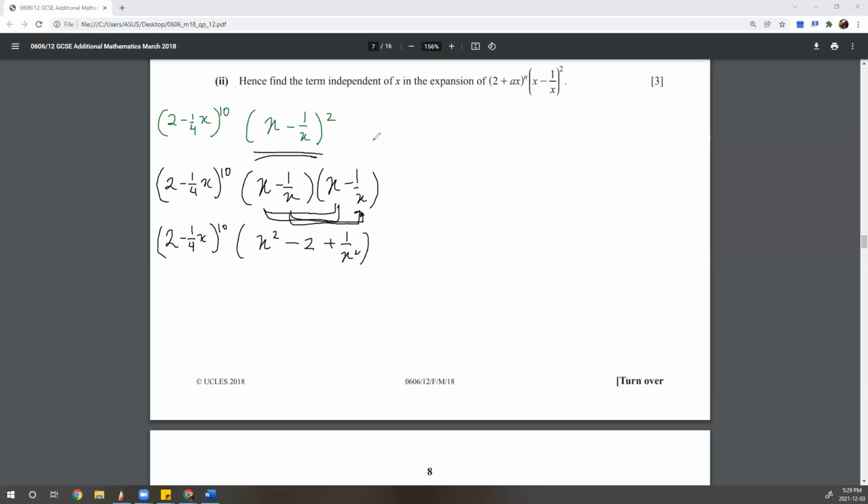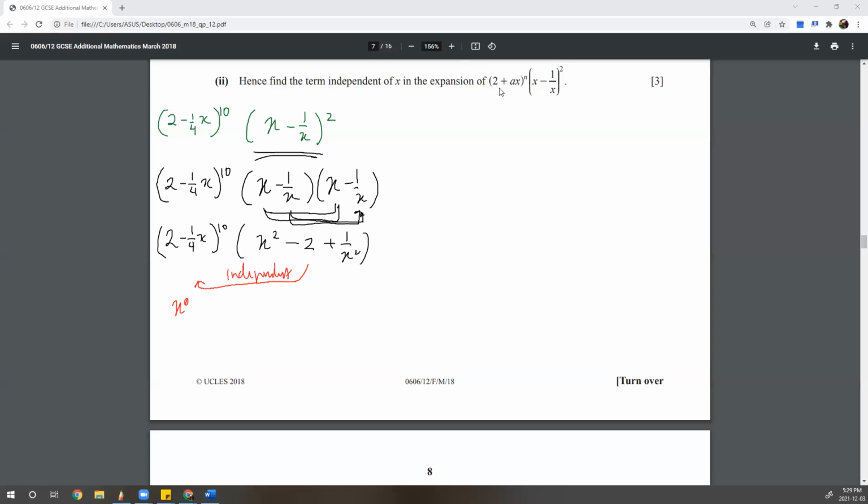So the independent term has 3 parts. Something times by this is equal to times by x squared. So it has to be terms of x power negative 2, right? But I don't think we have this. So the independent term will always be here, times 2. So this has to be x power 0 times 2 will be independent.